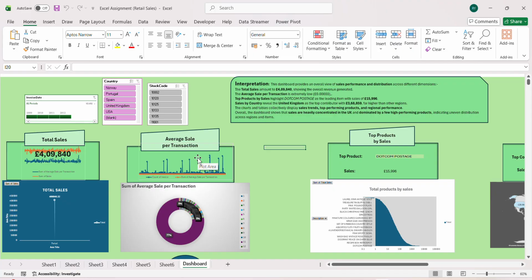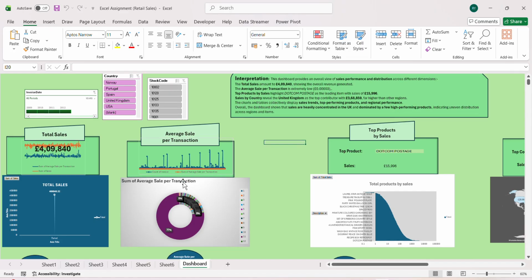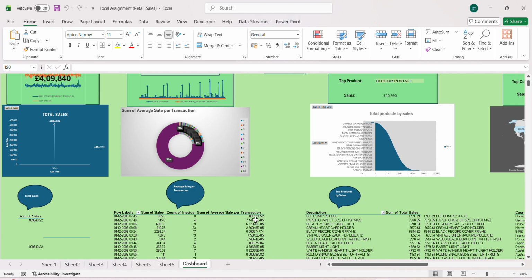This dashboard provides an overall view of sales performance and distribution across different dimensions. The total sales amount is the overall revenue generated, and the average sale per transaction is extremely low, which is because of the data we see here.